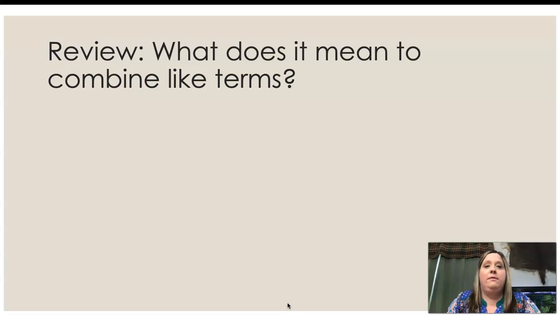So, a little bit of a review. What does it mean to combine like terms? So if we have 3x plus 4x, if we combine those terms, we're adding them together to get 7x. The next one, if we have 5x squared plus 3x squared, what would we get? Stacy.